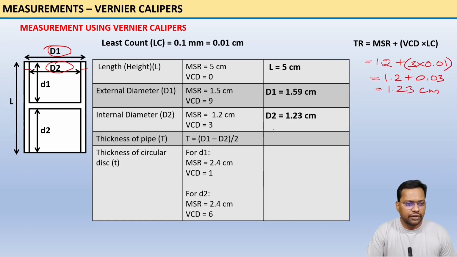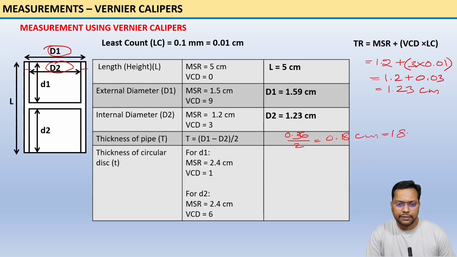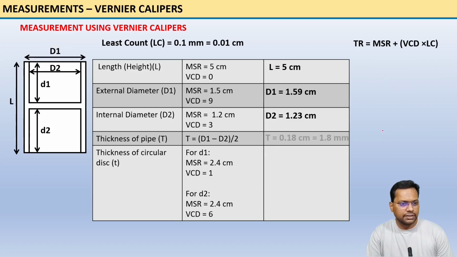So D1 minus D2: 9 minus 3 is 6, 5 minus 2 is 3, 1 minus 1 is 0, that is 0.36. Divide by 2, that will be 0.18. So we note down the value, that is either 0.18 centimeter or 1.8 millimeter.